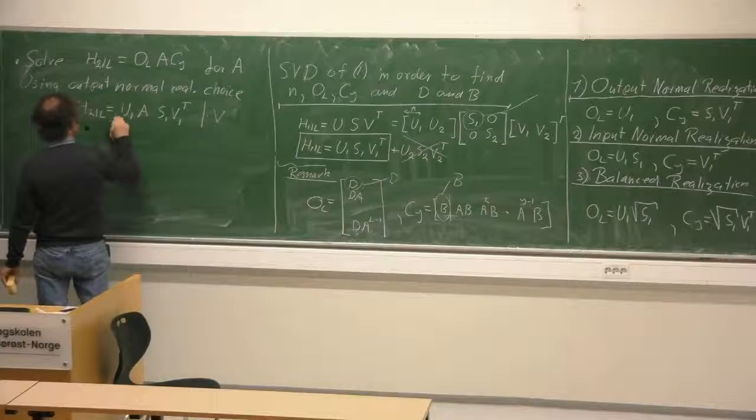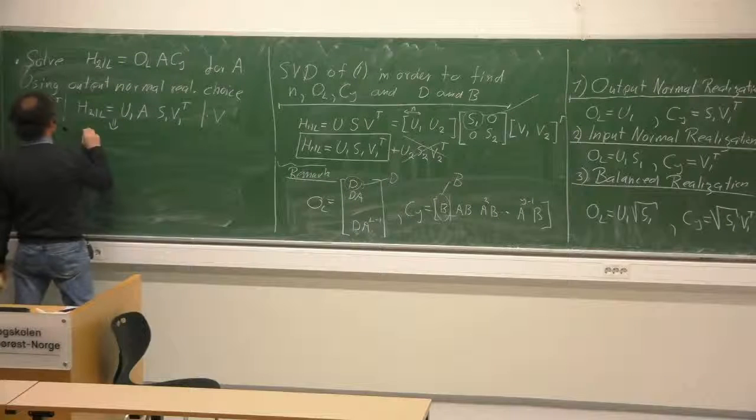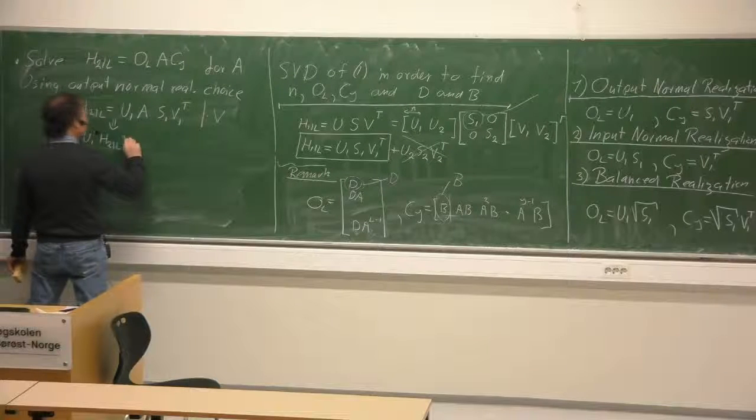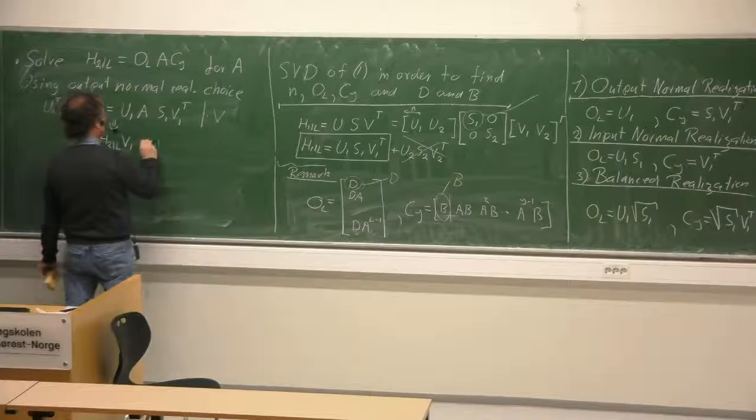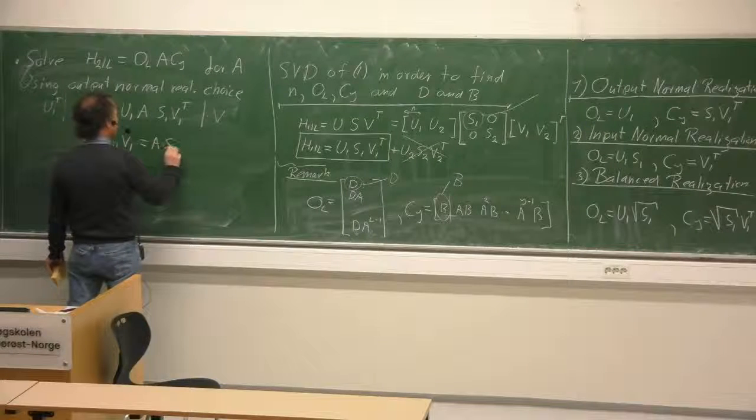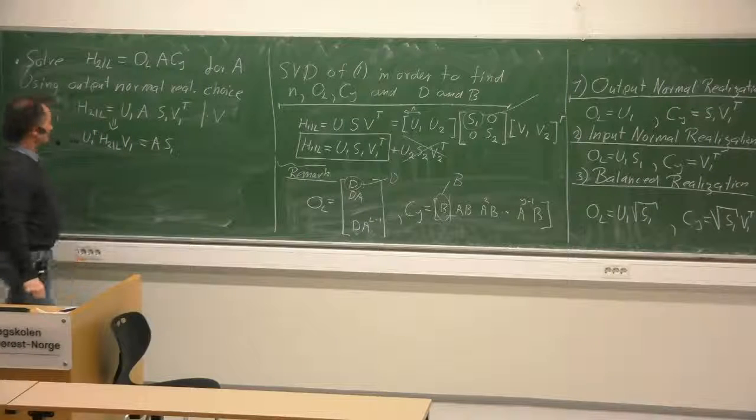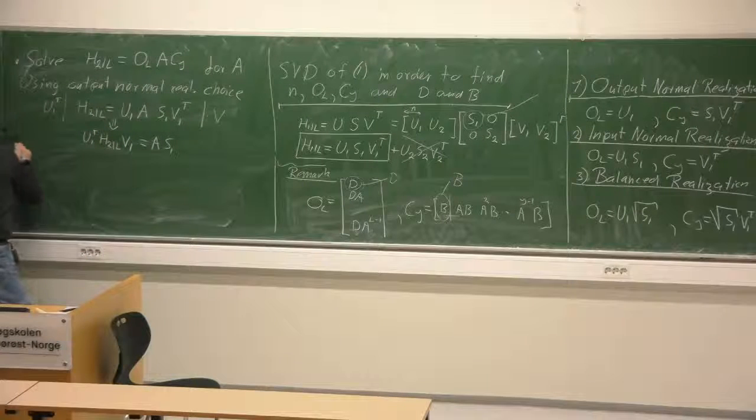We find U1 transpose times this Hankel matrix is then simply equal to A S1, because these singular vector matrices are orthogonal. The vectors are orthogonal to each other.